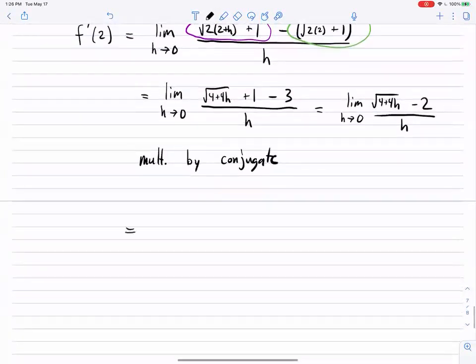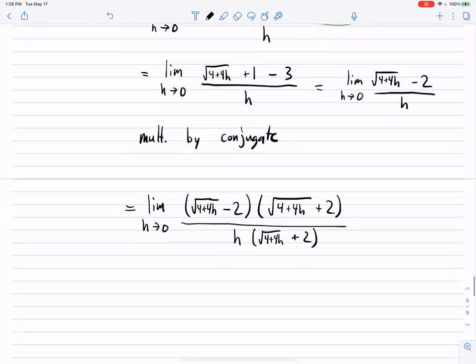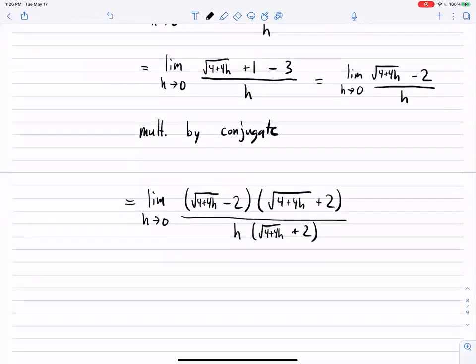And so this equals the limit as h approaches 0 of square root of 4 plus 4h minus 2 times the conjugate, which is the square root of 4 plus 4h plus 2, all over h times the square root of 4 plus 4h plus 2. Okay, now let's FOIL that all out. What do we get?